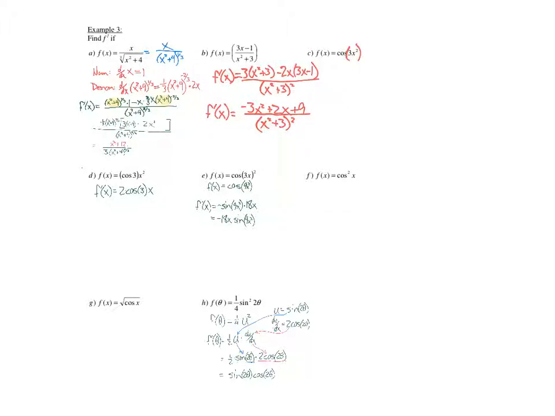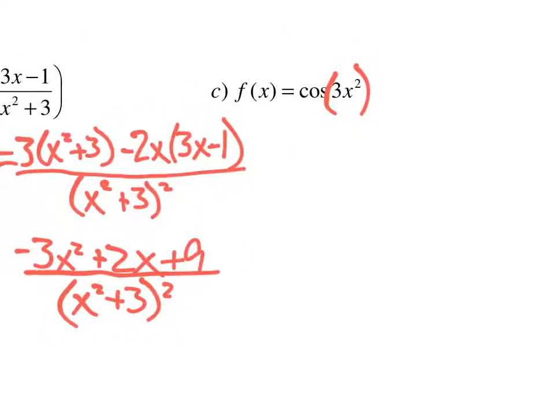Okay, next is C. This one is a chain rule. Notice the inner function here is 3x squared. So the u is 3x squared. The du dx, or u prime, is 6x.